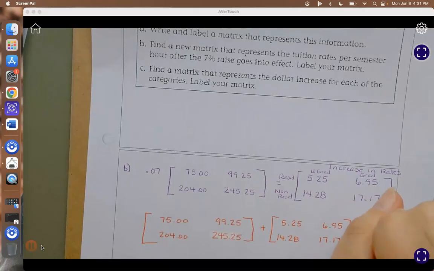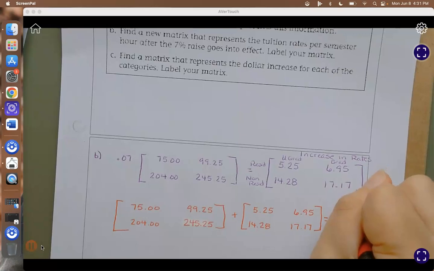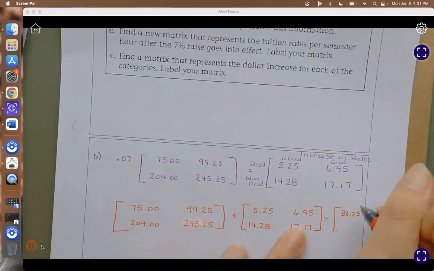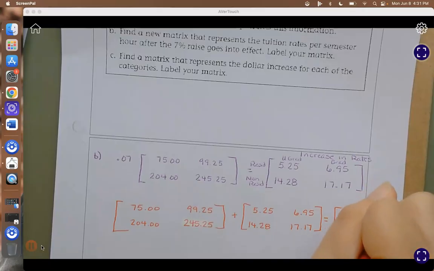Okay, so this is going to give us 75 plus 5.25 is 80.25. 99.25 and 6.95 is 106.20. This one's 218.28, and this is 262.42.